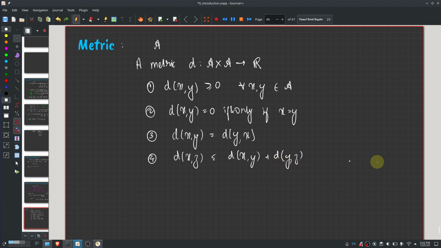So if I take any 3 points, these correspond to a triangle, and the shortest distance from one point to another should always be less than or equal to the distance of the path taken via some other point. Any function that satisfies these 4 properties is called a metric.